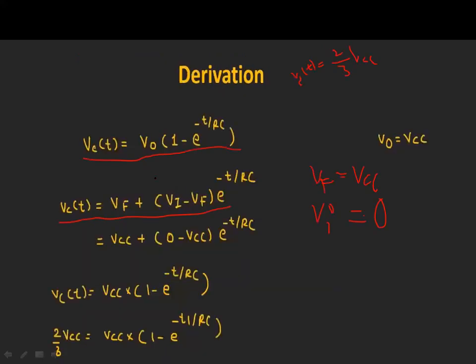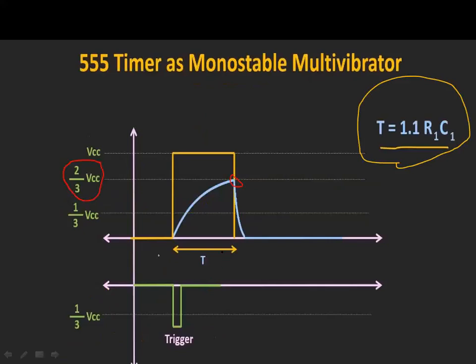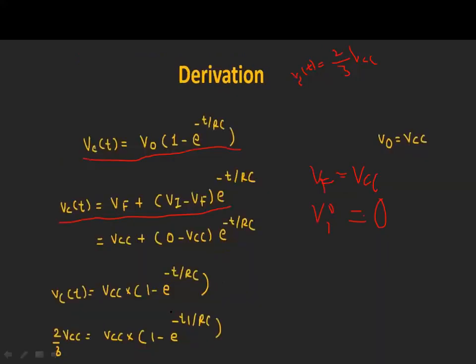We consider this as T1. At T1 it is equal to 2 by 3 VCC, so 2 by 3 VCC is equal to VCC into 1 minus e power minus T1 by RC.